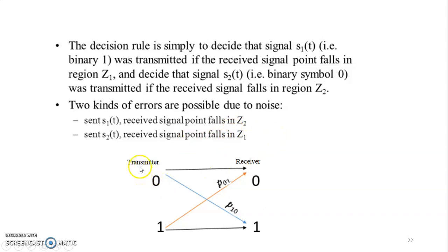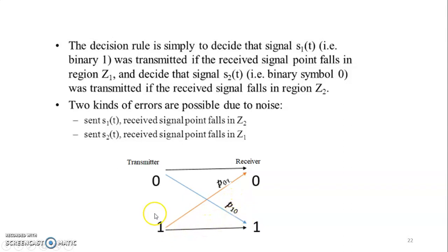So this shows the transmitter side and this shows the receiver side. First, if we are transmitting 0, the correct reception is 0 at the receiver, but due to the presence of noise, there is a chance of getting 1 at the receiver output. That is represented as a probability of error, the probability of getting 1 when 0 is transmitted, represented by P10.